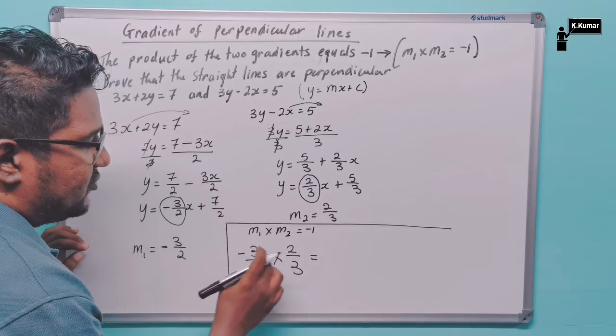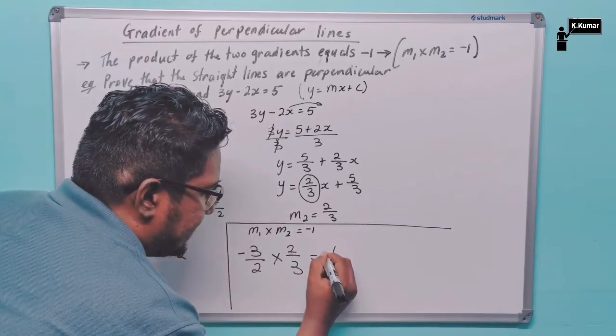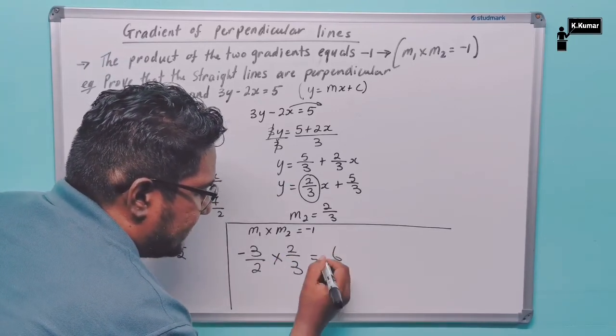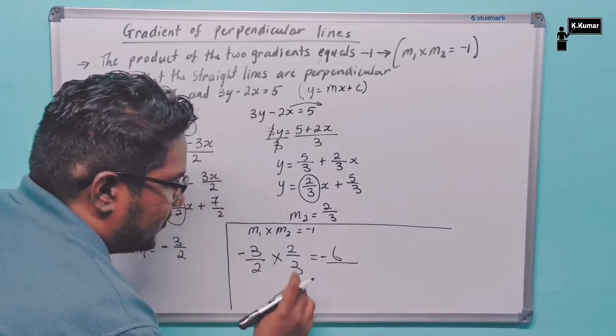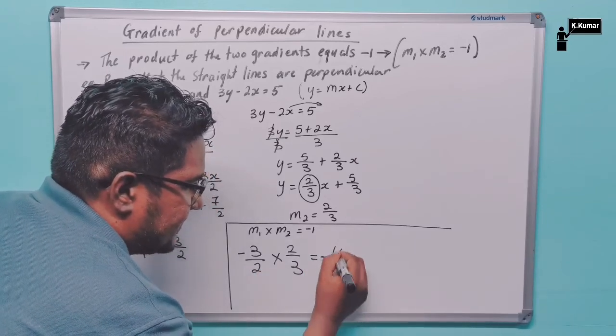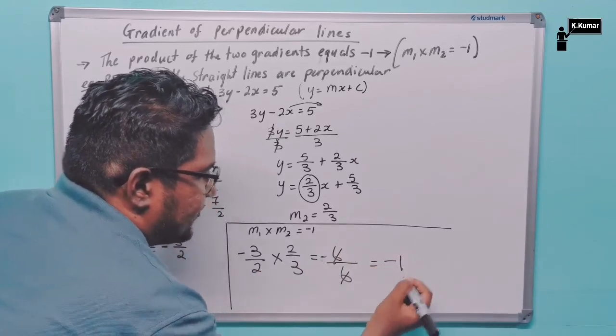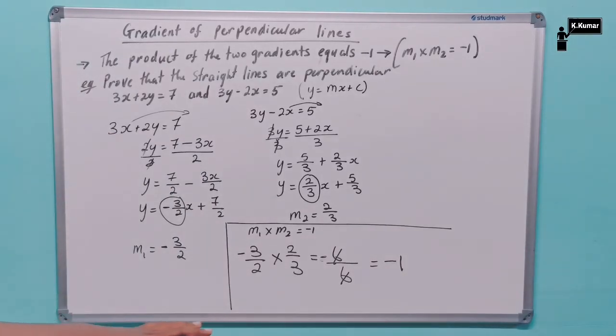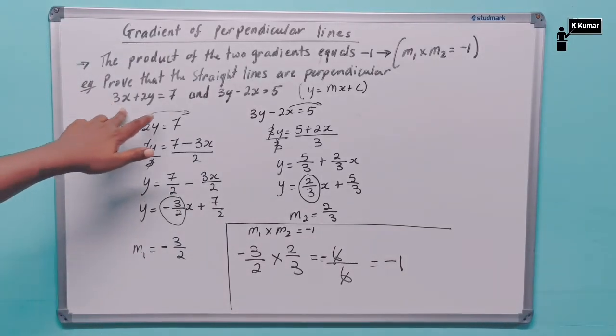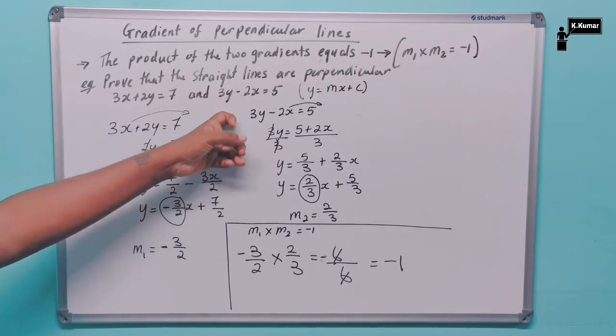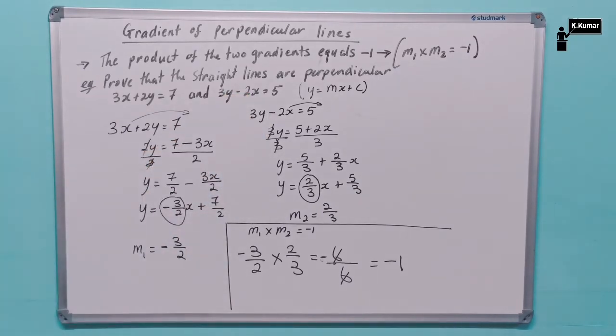That's going to give me 3 twos are 6, so negative 6 divided by 2 threes are 6. 6 and 6 would go, so my answer is negative 1. That means that the lines 3x plus 2y equals 7 and 3y minus 2x equals 5 are perpendicular because the product of their gradients equals negative 1.